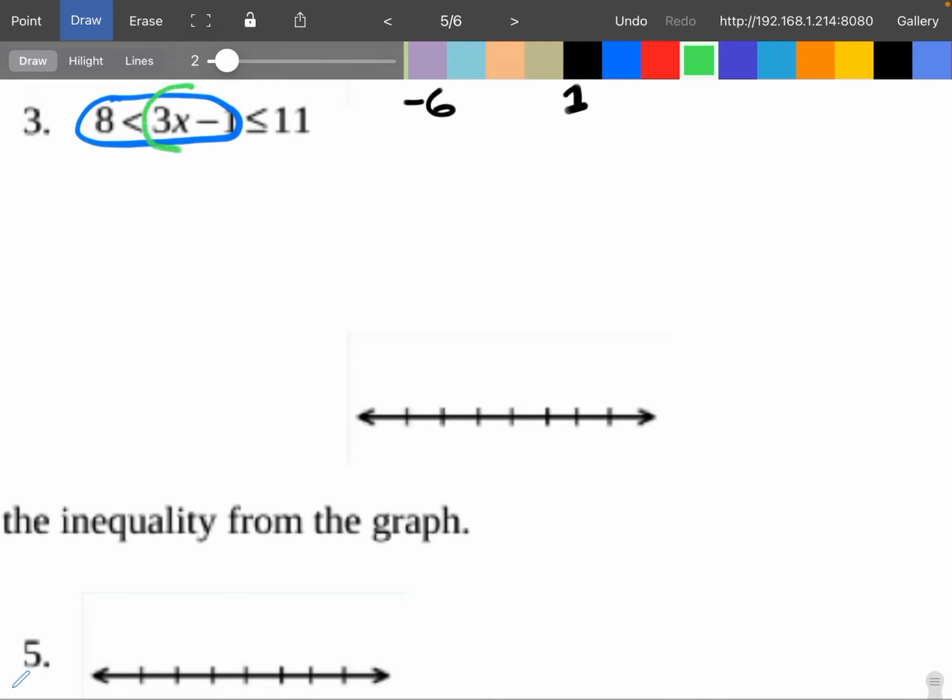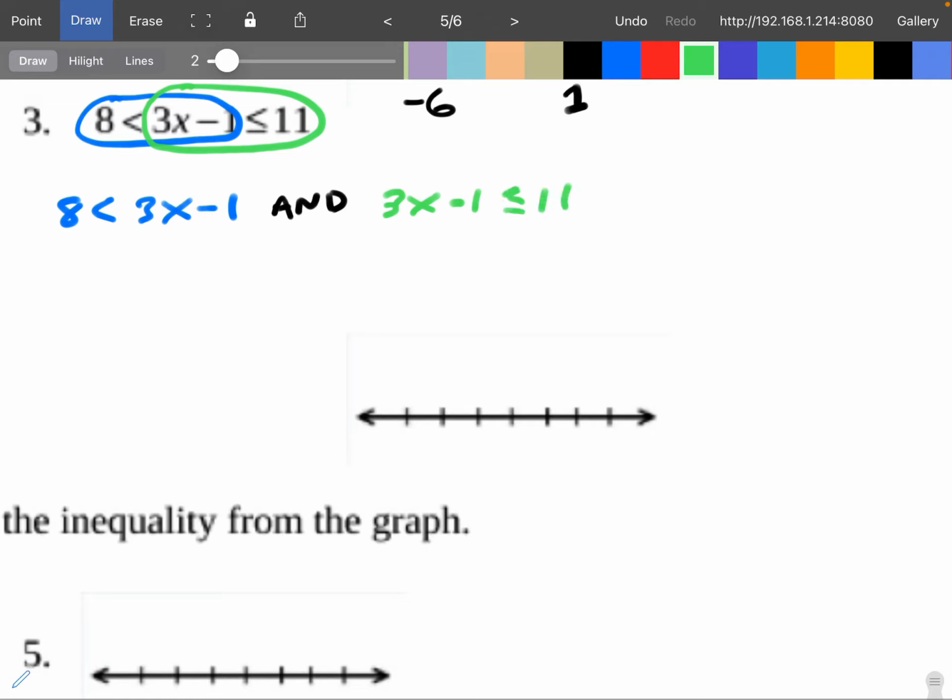So number 3, we're going to do the same thing. We got 2 inequalities here again. So I got a blue one, which would be this one. And then I got a green one, which is this one. So let's set both of those up. In blue, I got 8 is less than 3x minus 1.